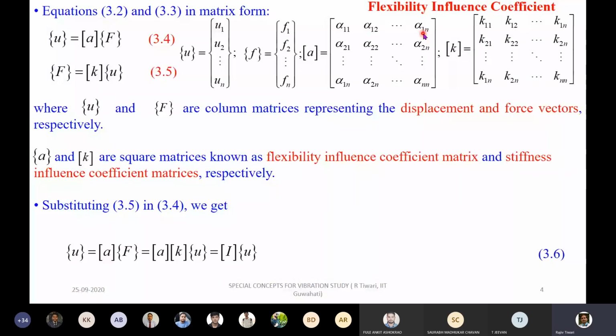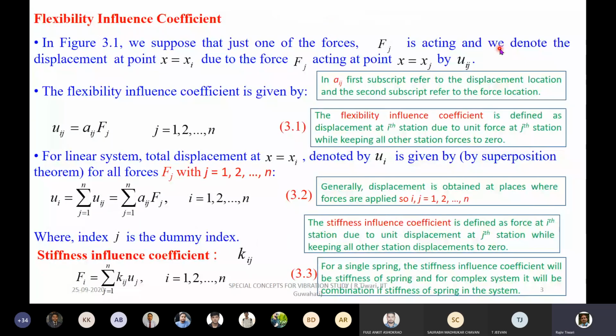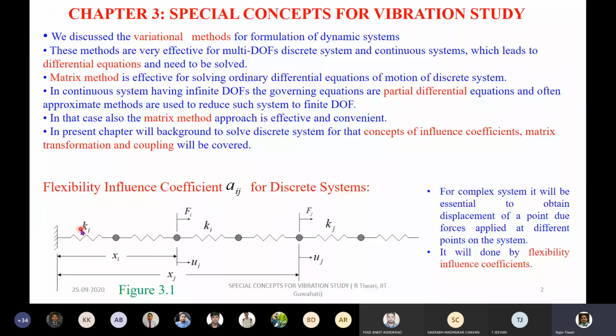So these influence coefficients, the flexibility influence coefficient or the stiffness influence coefficient, will be related with the stiffness of the system. If you see here, in the system we have stiffness K1, K2, K3 like this. There are no two subscripts here.